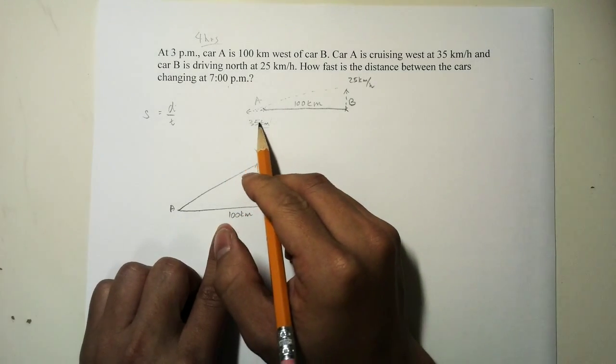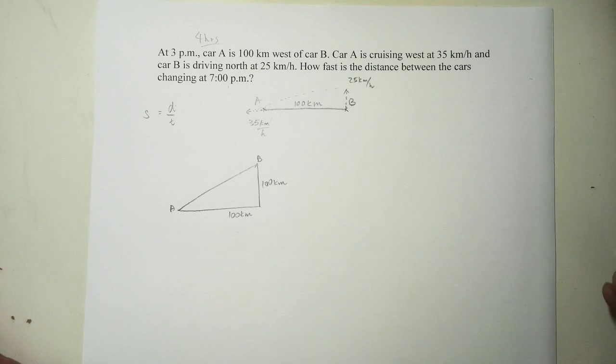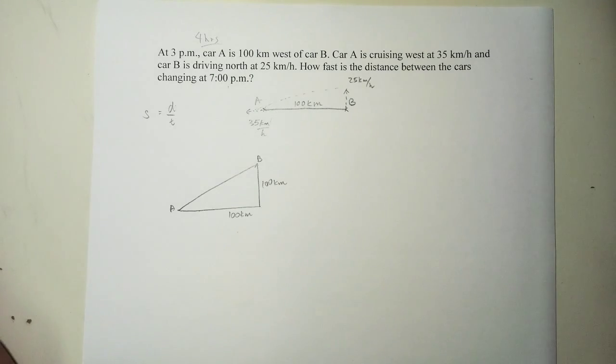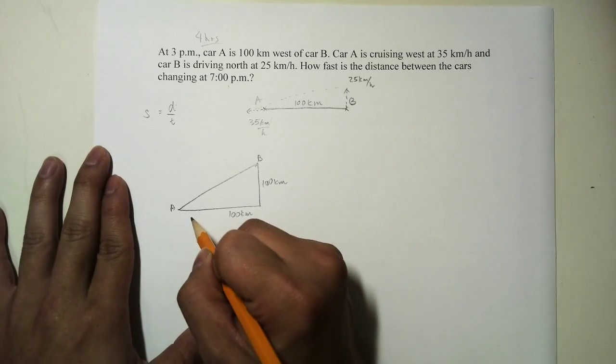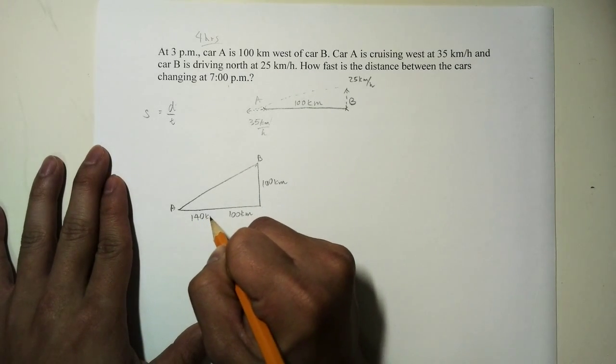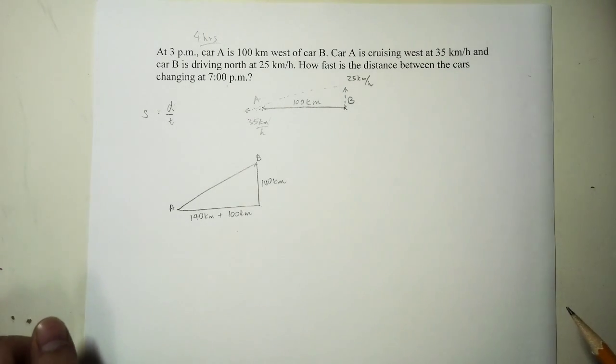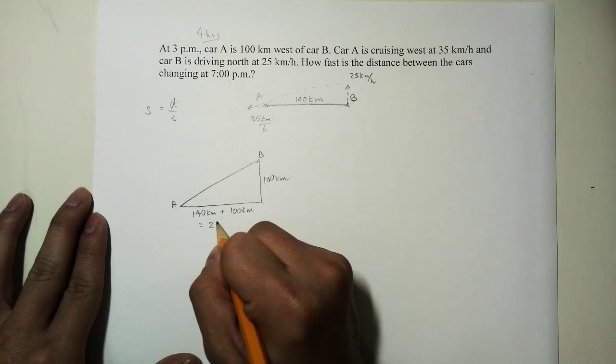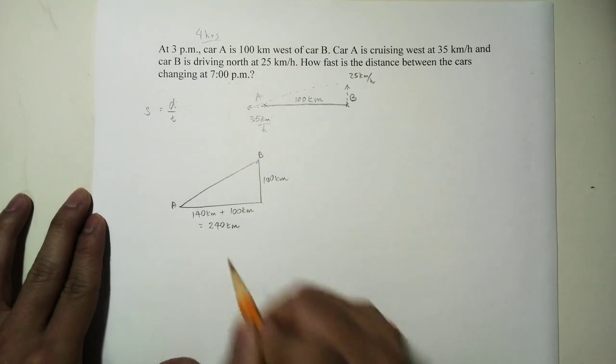But after 4 hours, car A has traveled some distance. So how many kilometers has A traveled throughout the 4 hours? It's basically 4 times 35, which is 140. So it has traveled 140 kilometers plus the 100 kilometers that's originally there. So the total distance is going to be 240 kilometers.